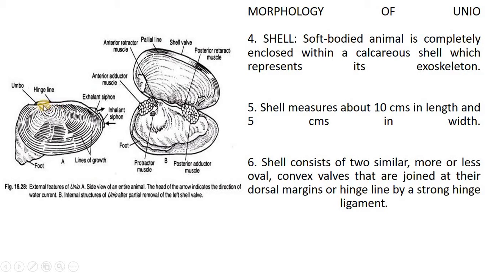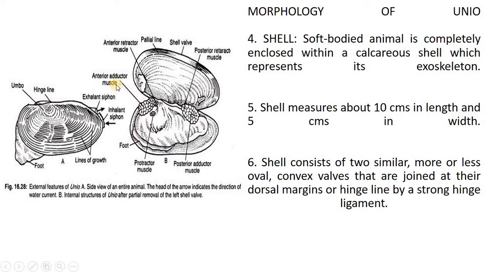On the dorsal side we find the hinge ligament, which lies between the two shells and connects them tightly.